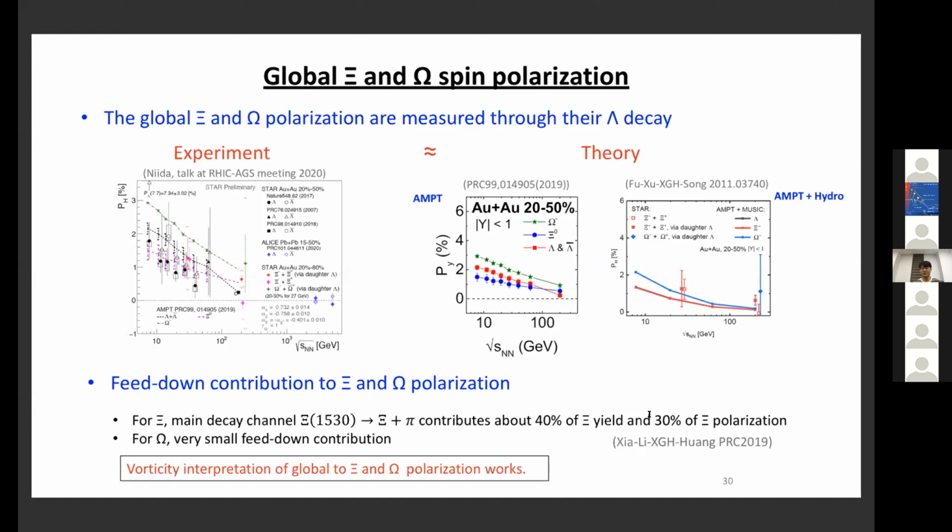And this contribution is positive, which means if we consider this feed-down contribution, the theoretical curve of cascade would slightly lift up. But for omega, the feed-down contribution is very small. So in this case, we can still see that the vorticity interpretation of the global cascade and omega polarization still works.